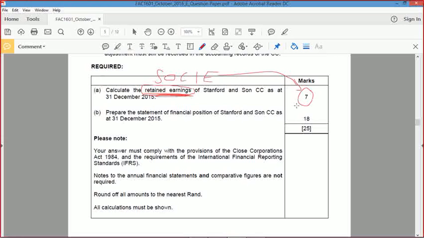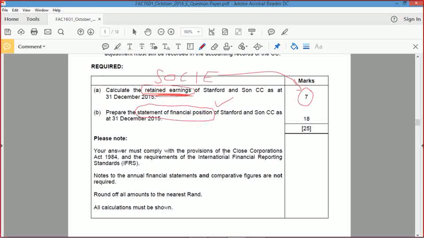If you do all the statements, you're never going to finish. Do I need to do the statement of financial position? Yes, the proper one. That's 18 marks. Do I need to do the statement of comprehensive income? No. Don't waste your time doing the other statement if it's not necessary.